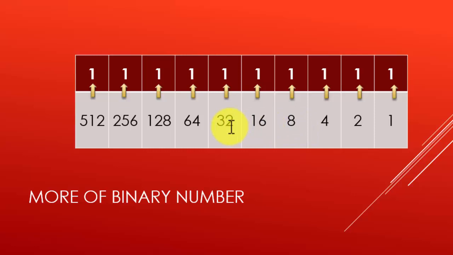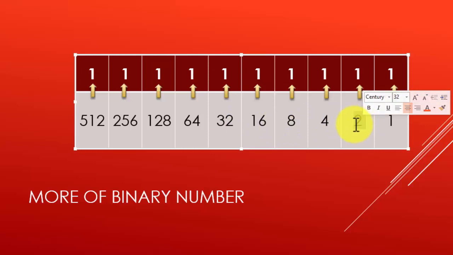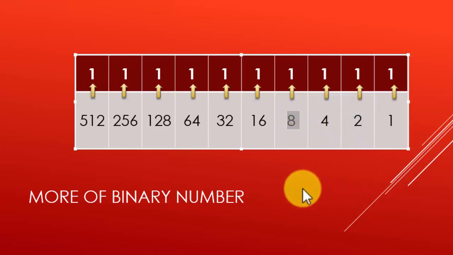Each is twice the previous, a power of two. It's not like something else: 1 apple and 1 apple equal 2 apples, 2 apples plus 2 apples equal 4 apples, 4 apples plus 4 apples equal 8 apples. That means powers of 2.